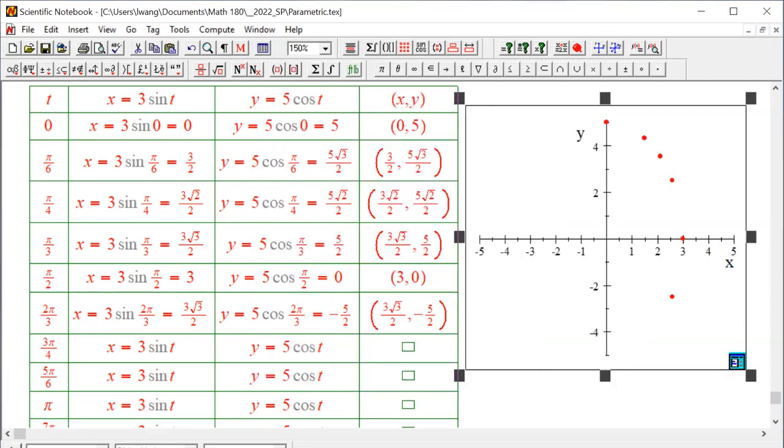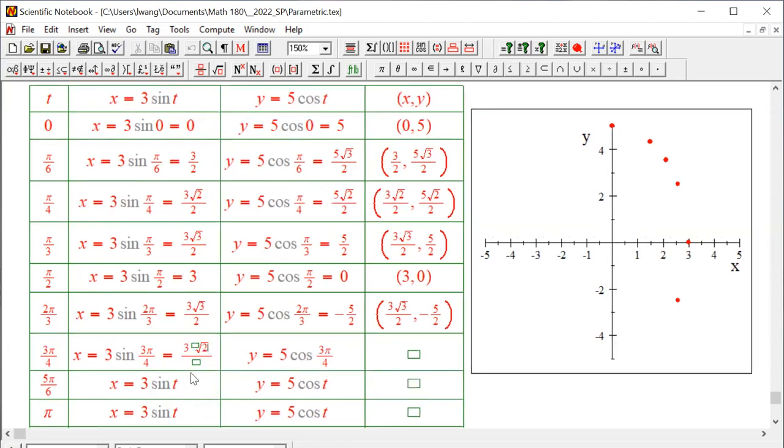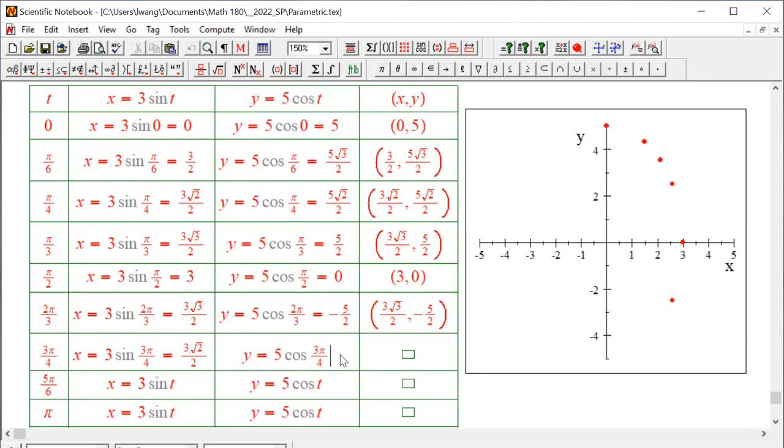So we keep going. We have a few more points, right? Now it's 3 pi over 4. So we plug in. You can see the process is very predictable. Sine 3 pi over 4 is root 2 over 2, so this gives us 3 times root 2 over 2. You can put a unit circle by your side.